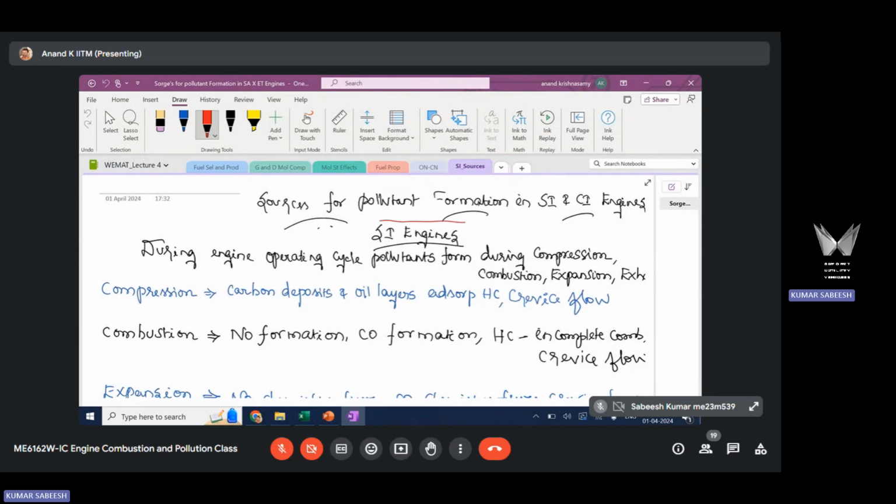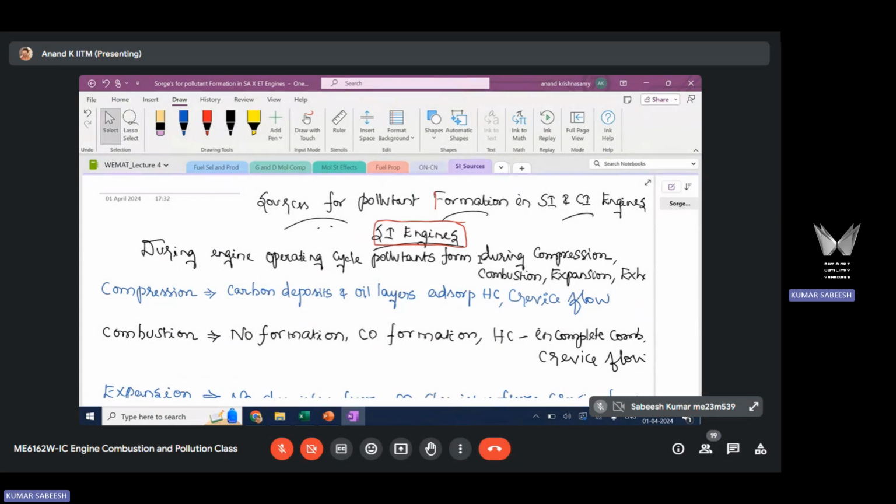So let us first start with the spark ignited engine. Let us look at the pollutant formation sources. Here we are going to track the engine operating cycle. In a typical SI engine operating cycle, we are going to look at how these pollutants are formed and what kind of sources are involved.